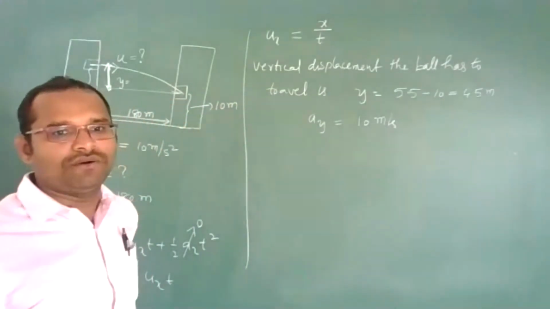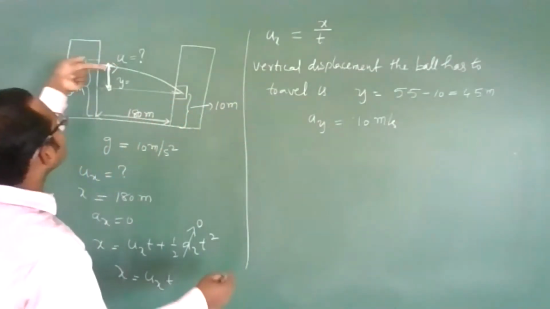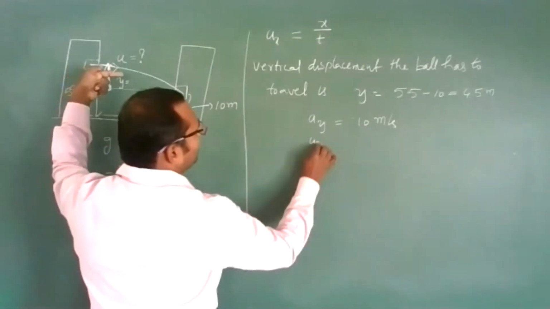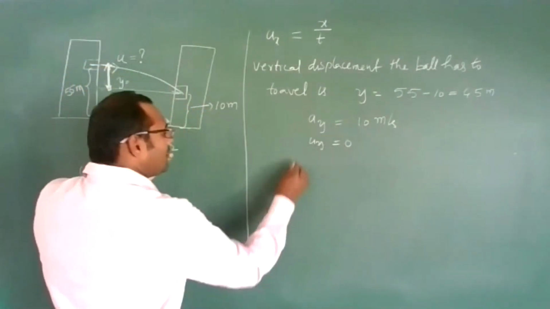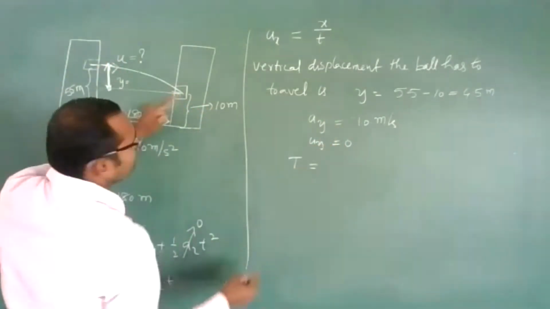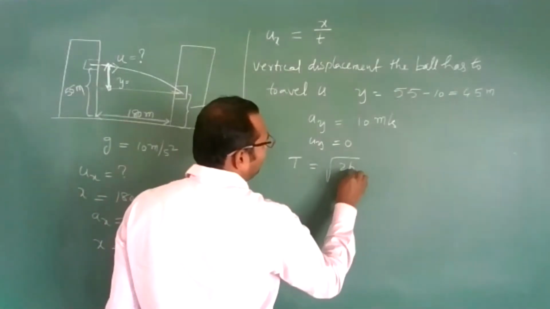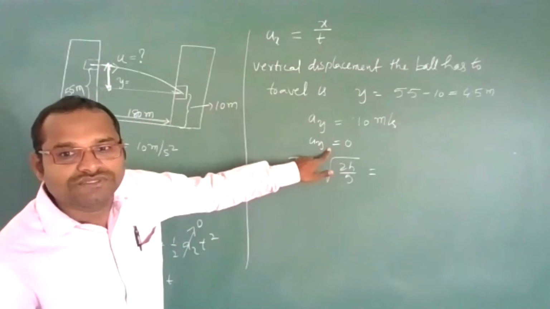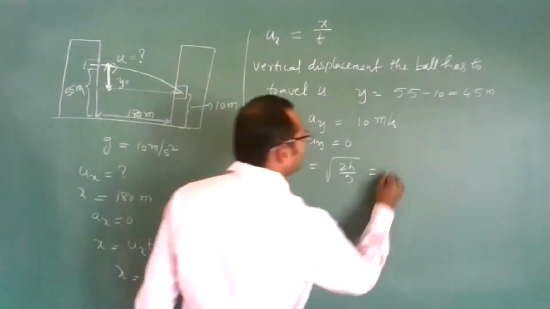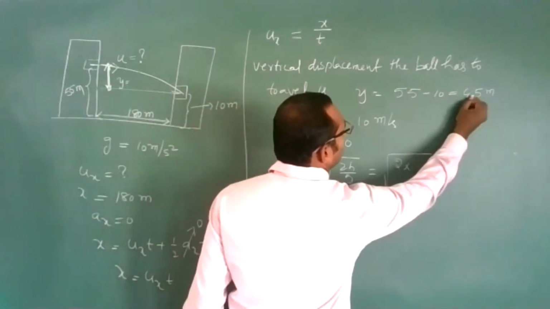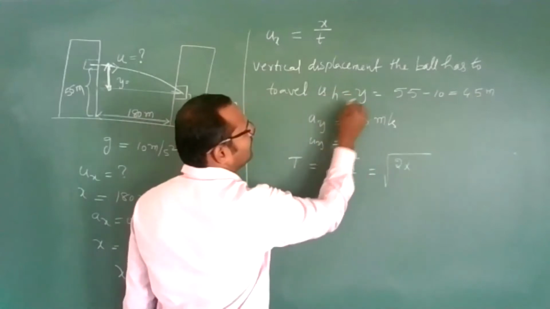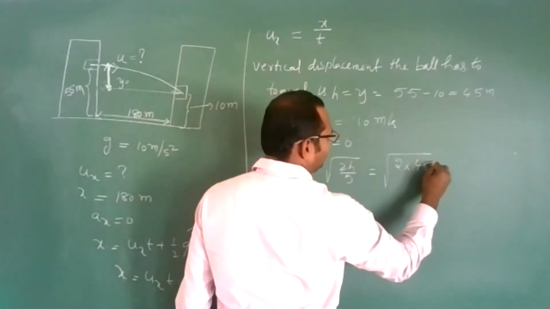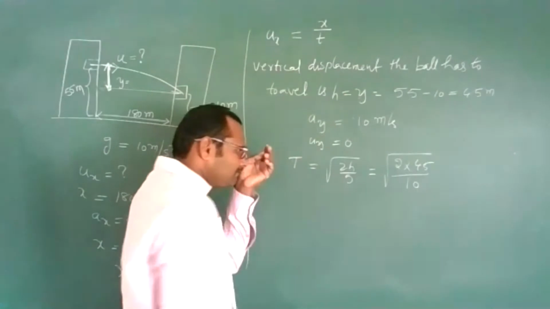How much time will it take now? See, are we giving any velocity vertically? No, we are not giving any velocity vertically. Now, time taken to reach this window, t equal to root of 2h by g, a direct formula, if you want. Because vertical velocity is 0, that's why I am using it. So you get root of 2 into h, which is nothing but 45, divided by 10.